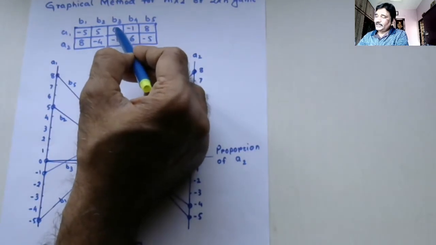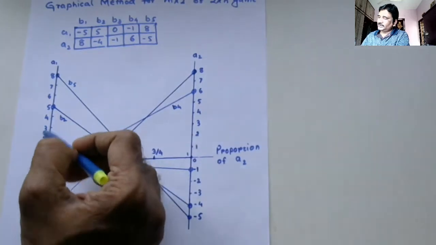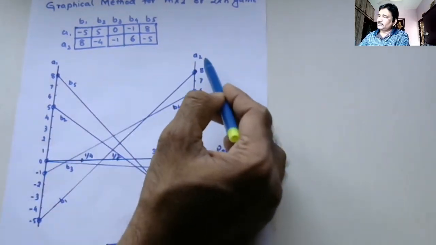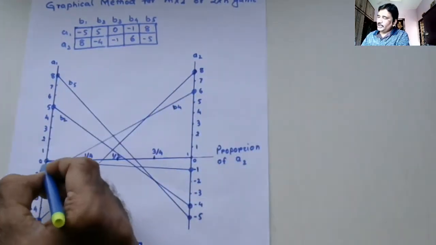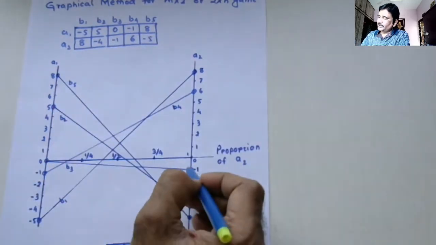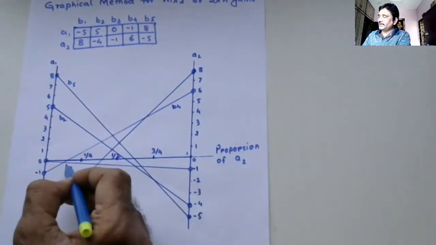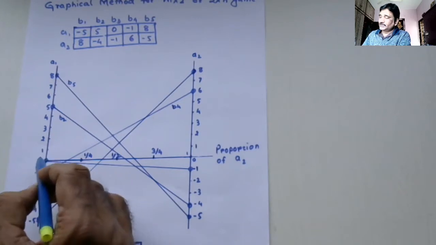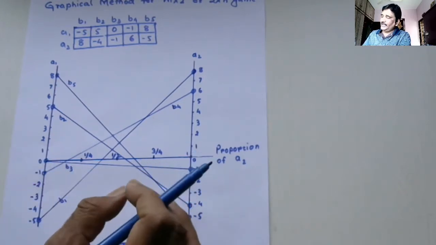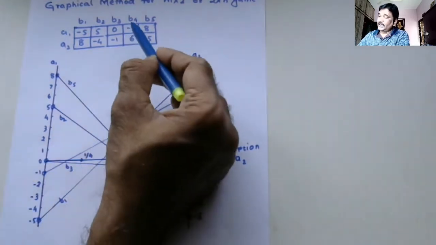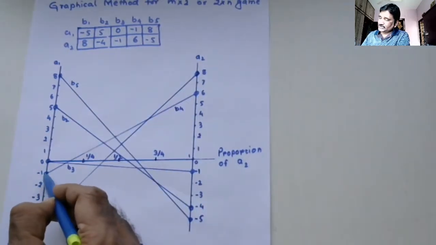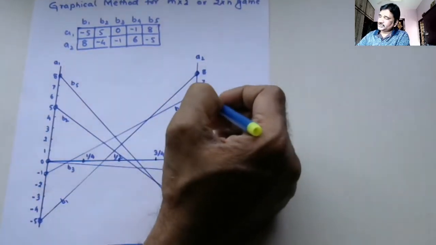Now simply you mark this value on this line and this value on this line, right? 0 I have marked here and -1 here. Join the line and label it B3. This is the gain line to player A if player B plays B3. Likewise, -1 to 6, -1 on this and 6 on this.